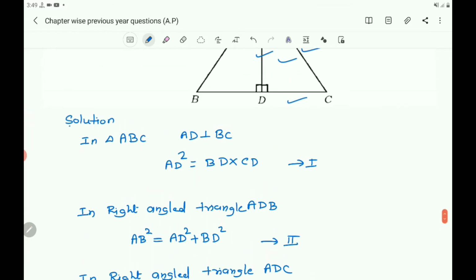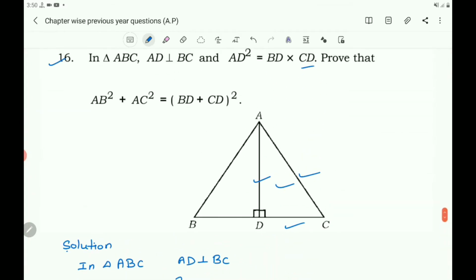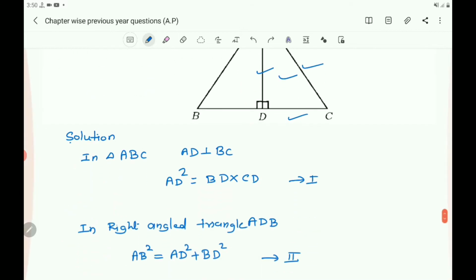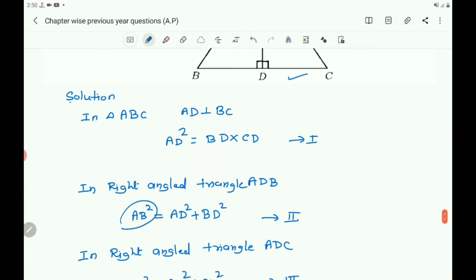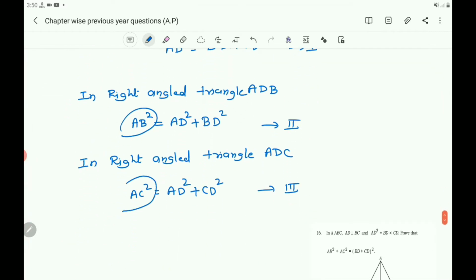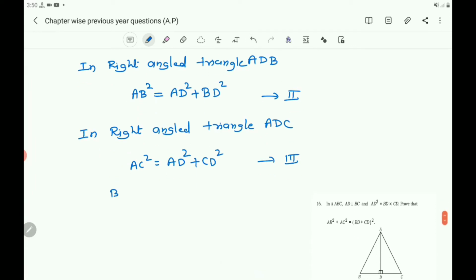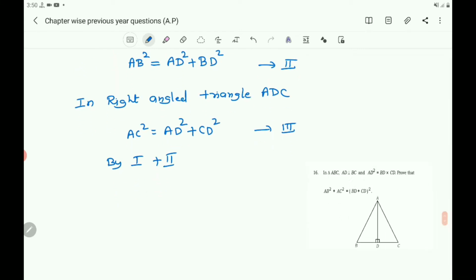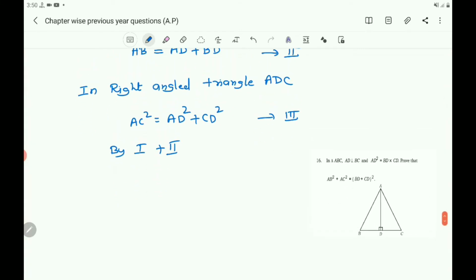Now here what you have to prove? We have to prove that AB square plus AC square equals BD plus CD whole square. So here in the first you got AB square and in the third you got AC square. So you add them. That is by first plus second, what you can write here?